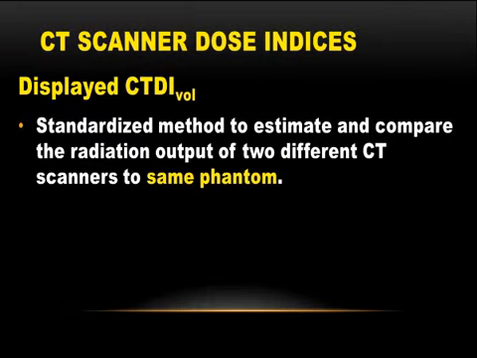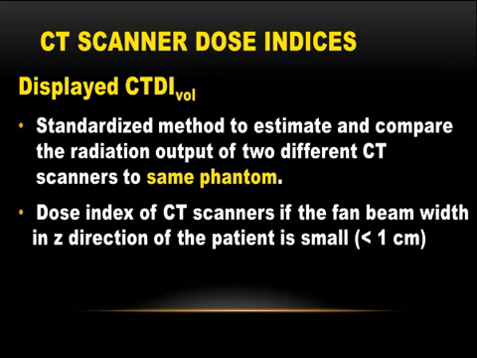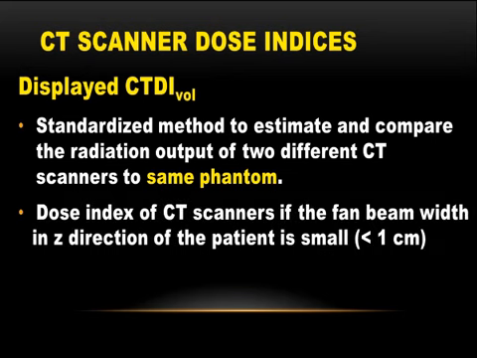So the displayed CTDI vol was originally defined to simply be a method to compare the output of 2 different scanners to a fixed defined phantom. And CTDI vol does a wonderful job of that. It's a semi-reasonable index of the dose associated with CT scanners if we use a very small fan beam width, less than a centimeter.